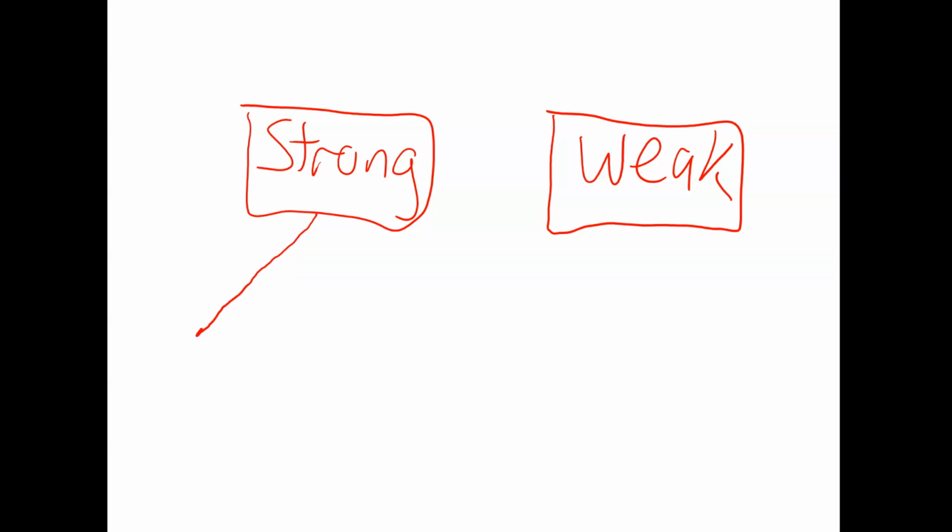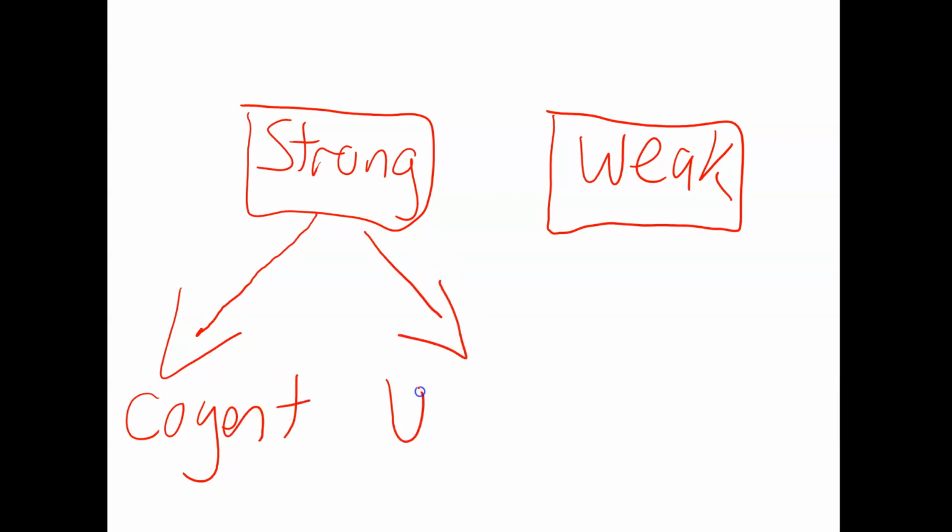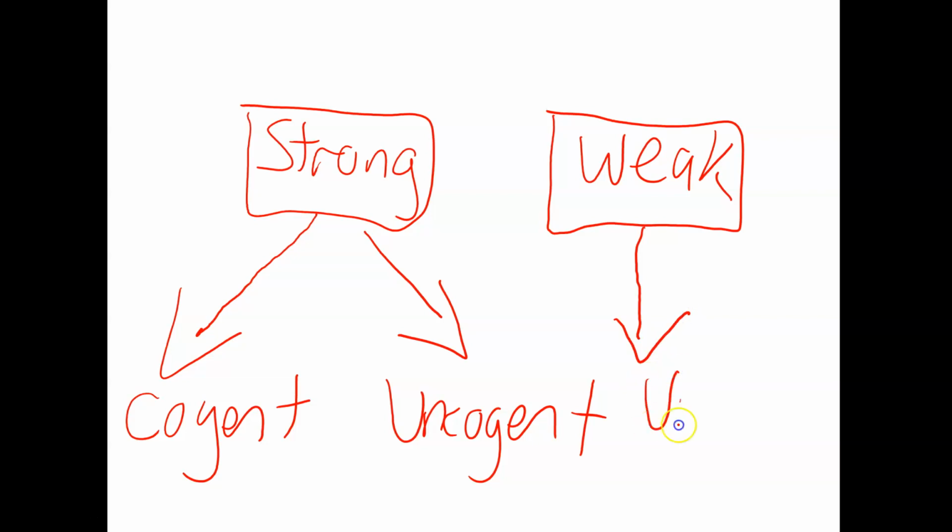If the logic is good or strong, the argument can be either cogent or uncogent. But if you decide that the logic of the argument is weak, it's automatically uncogent.